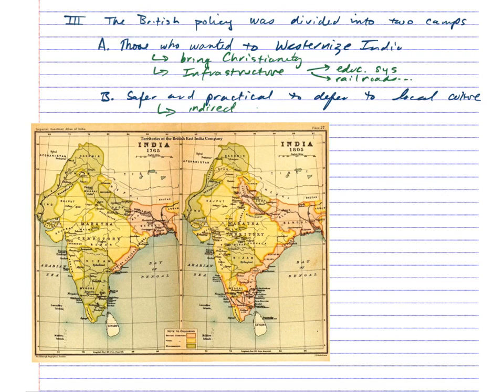So we can see that the British in the very early 1765 controlled areas here on the East Coast and in what we now call Bangladesh. By 1805, so a mere 40 years later, we see they still control here.